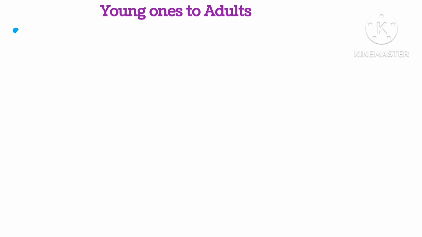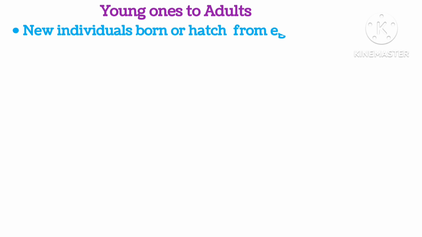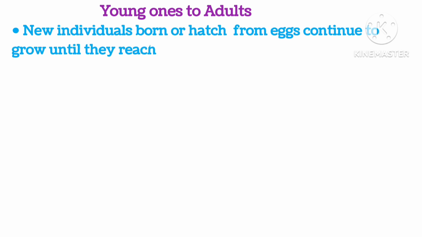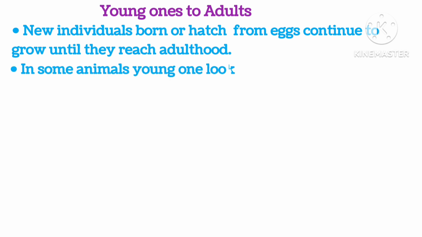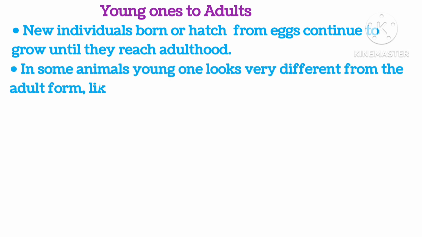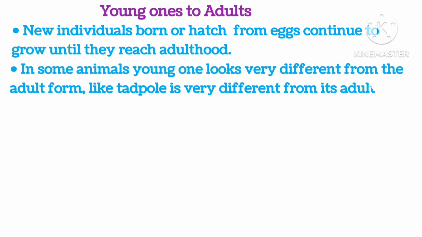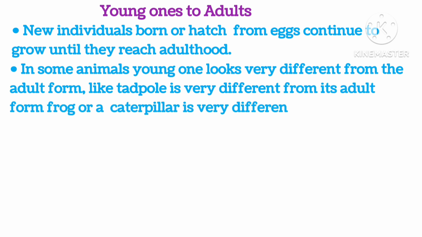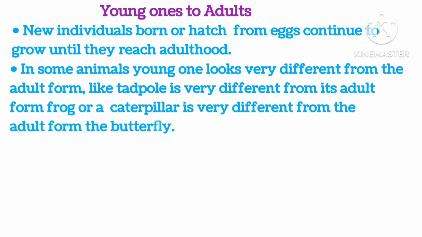Young ones to adults. New individuals born or hatched from eggs continue to grow until they reach adulthood. In some animals, young ones look very different from the adult form, like a tadpole is very different from its adult form frog, or the caterpillar is very different from the adult form the butterfly.